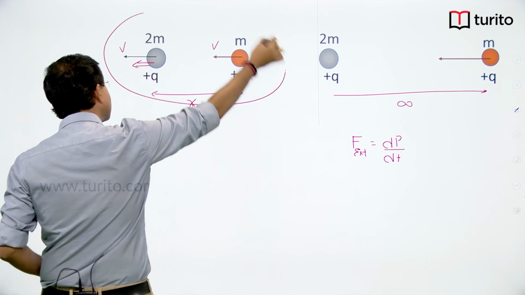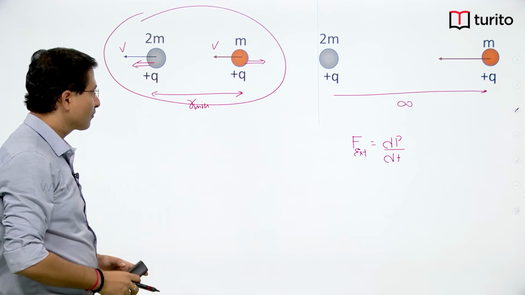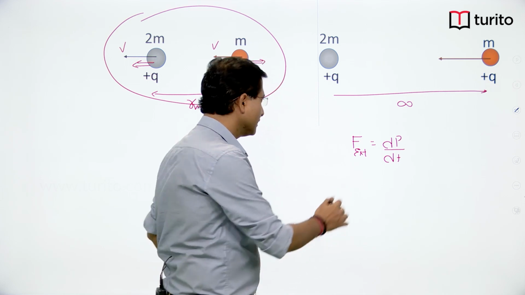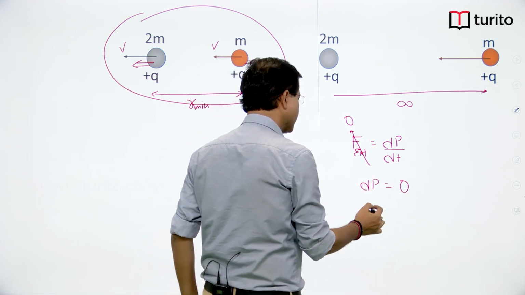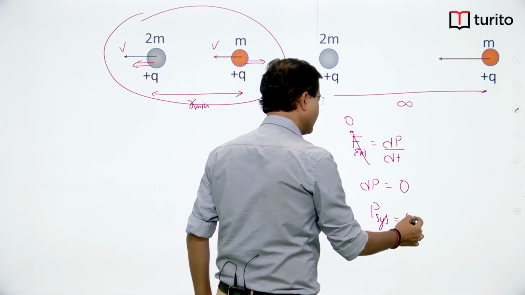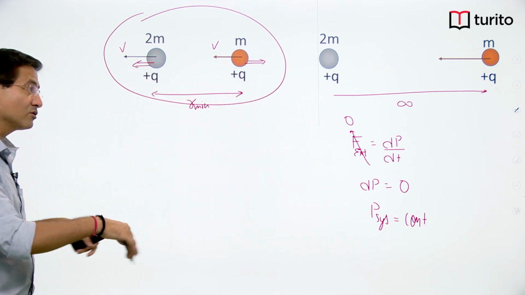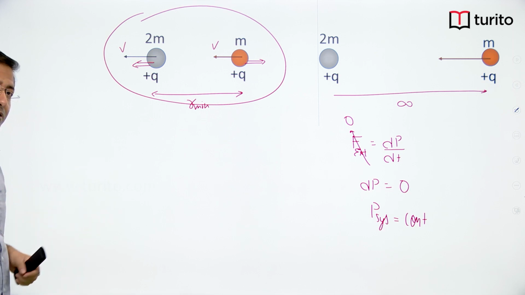If I am considering this system, this force will be internal to the system. So, on system, as there is no external force, linear momentum of system will be constant, and as there is no external force on the system, mechanical energy of system will also be conserved.